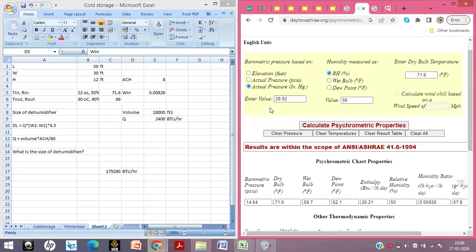Sir, yes please, can you open the psychrometric chart again? Yeah, sure.